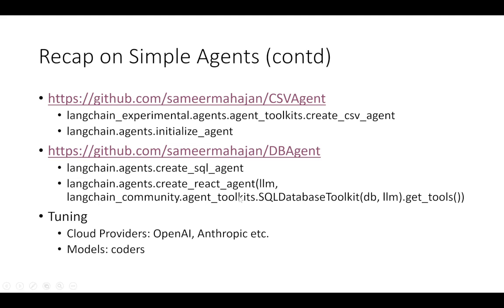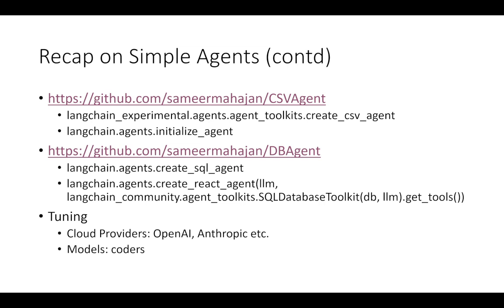Now some tuning that you can do with these simple agents is using some cloud providers, like OpenAI, Anthropic, popular ones, and so on and so forth, and you can choose the model. Typically for SQL or this pandas data frame, you can use any coder model, like a Qwen coder, DeepSeek coder.